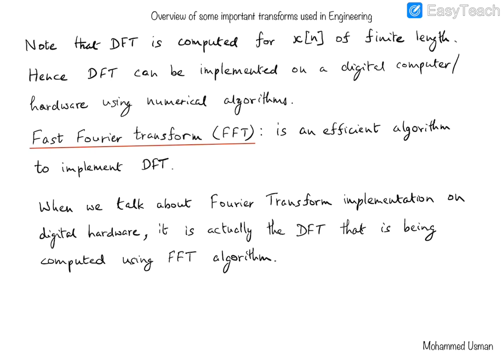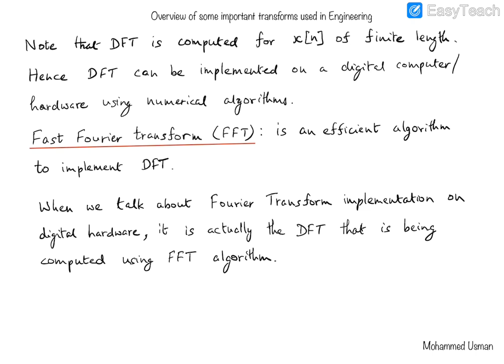And finally, the fast Fourier transform is not a different transform, but it's actually an algorithm to implement the discrete Fourier transform, or DFT. So it's an efficient algorithm which is used widely in signal processing to implement the DFT. So the FFT is not a separate transform itself, but an algorithm to implement the DFT.